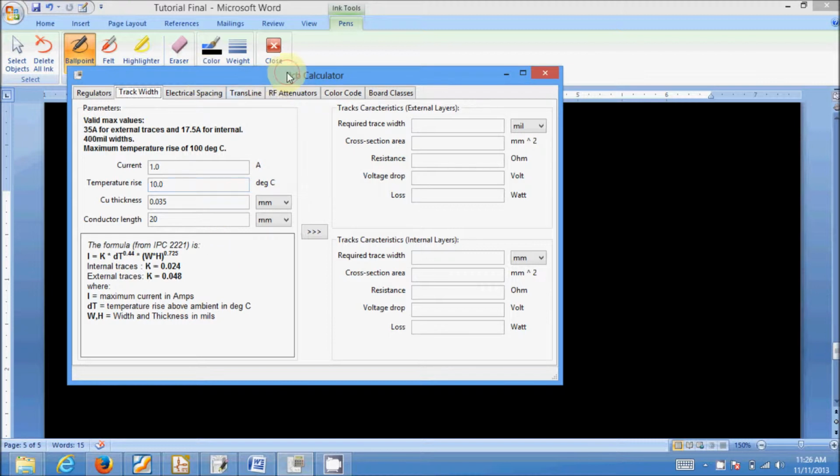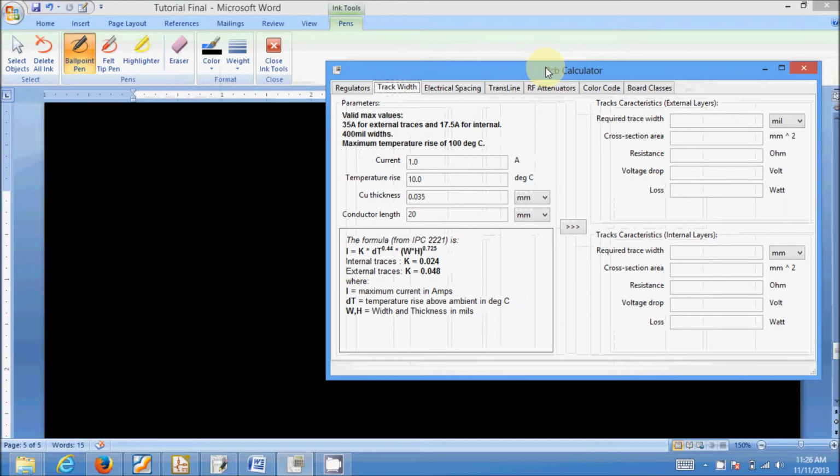Track widths play a very important role, and it is basically how much current a track is able to sustain over a temperature rise. That is what we're trying to determine.